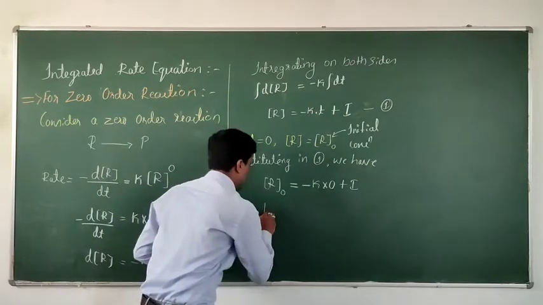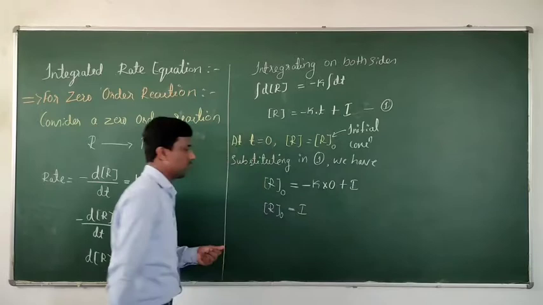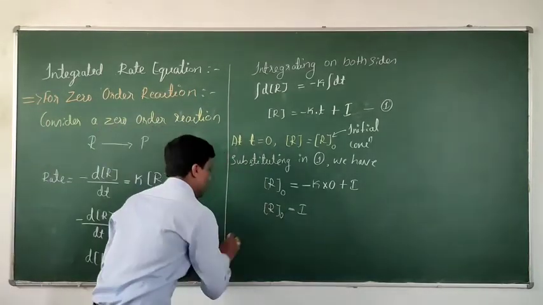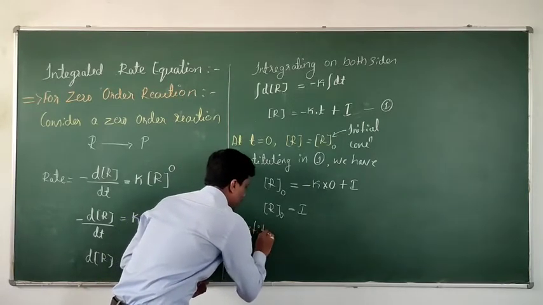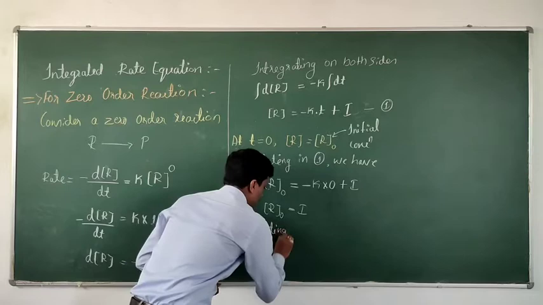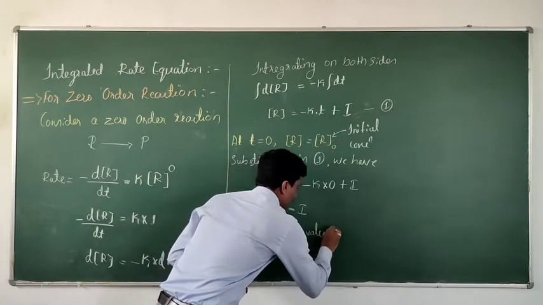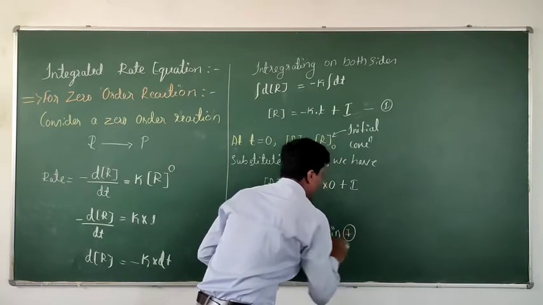What will happen? r0 is equal to I. Now substituting the I value in equation number 1 again.